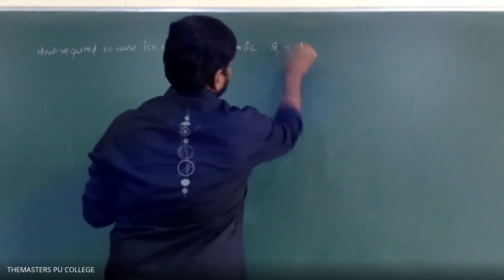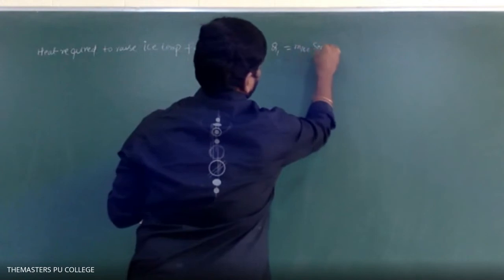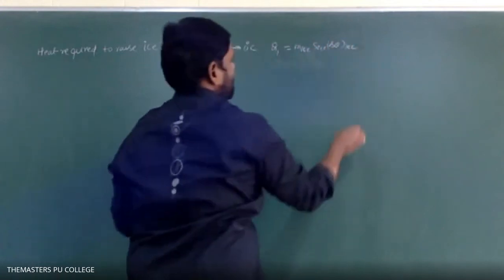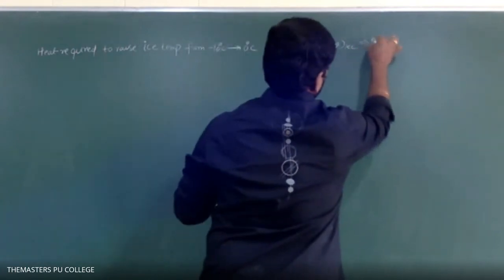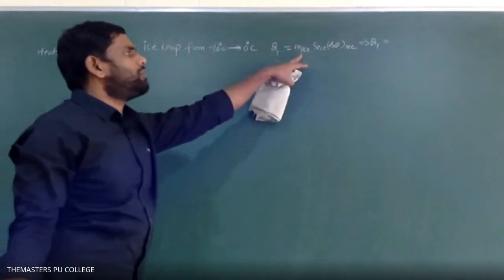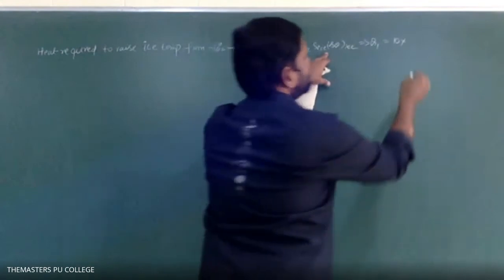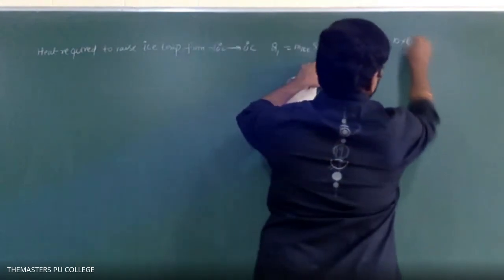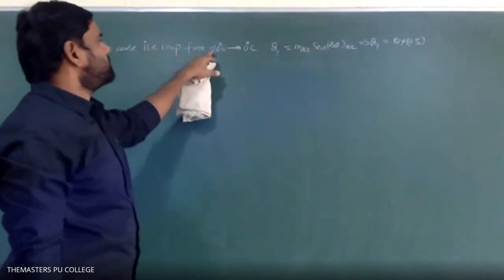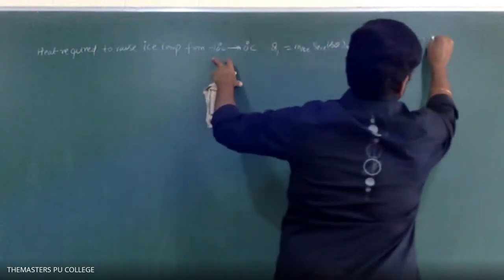That is Q1 equals mass of ice into specific heat of ice into delta theta. So Q1 equals the mass of ice, which they have given as 10 gram, specific heat of ice is 0.5, and the rise in temperature is from minus 10 to 0, that is nothing but 10 degrees.